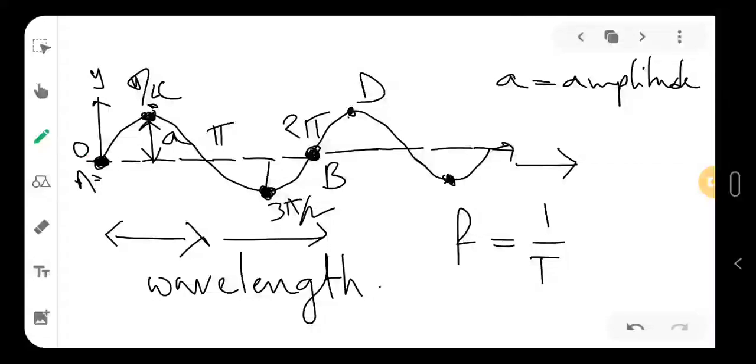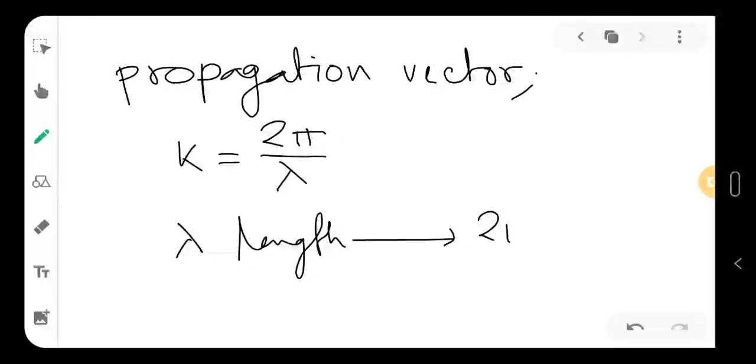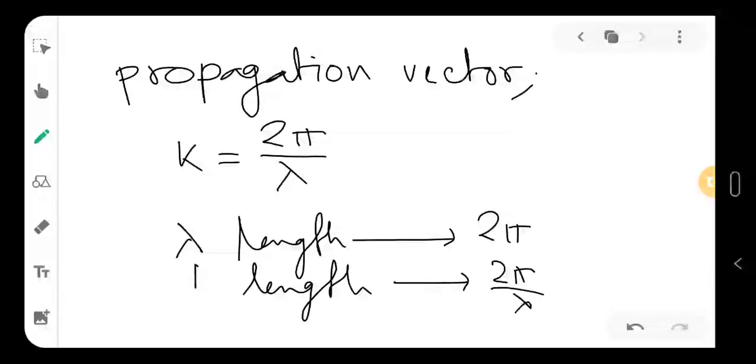So again we are taking help of these angles, and we can see that here k is 2 pi by lambda. Now what is this 2 pi by lambda? We can see that a length lambda is covered when a 2 pi angle is crossed. So a unit length is covered when 2 pi by lambda angle is crossed. So this is a relationship between length and that abstract angle which we have taken for consideration.